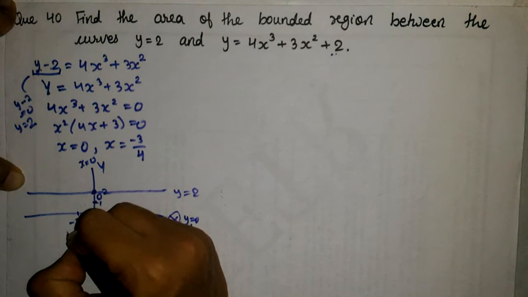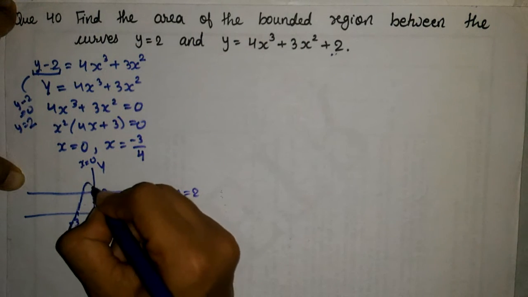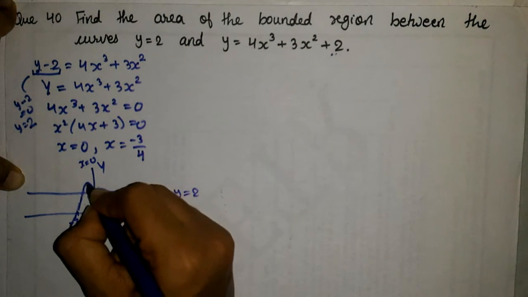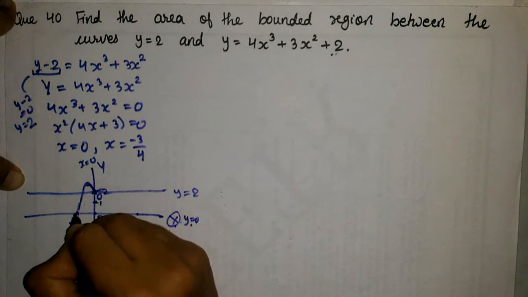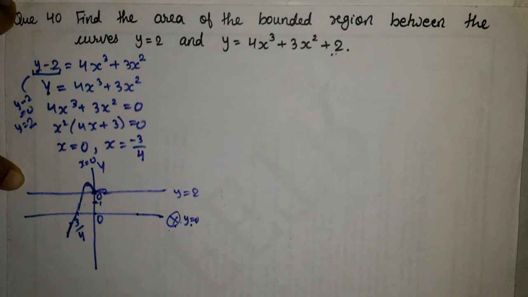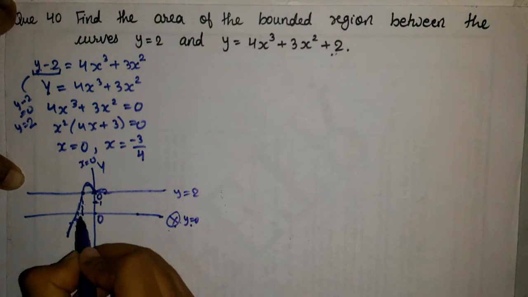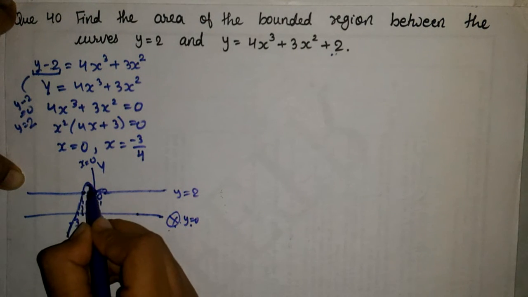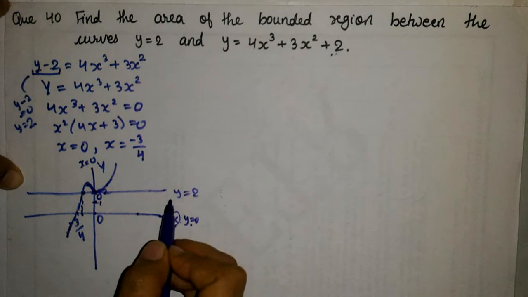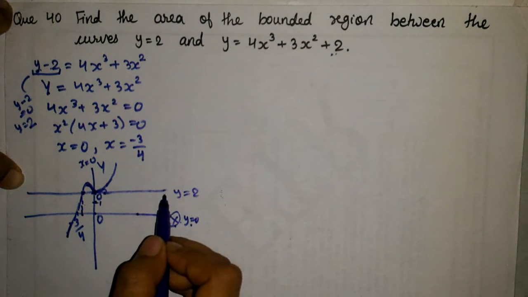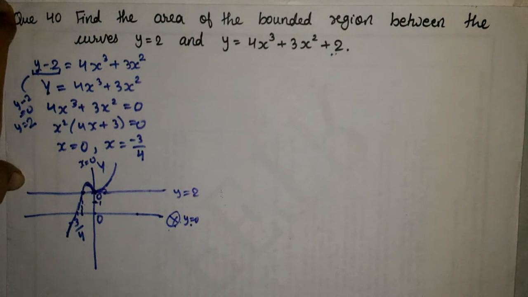So this curve will go up this way, and here it will intersect again at 2 points, at x equal to minus 3 by 4 and x equal to 0. At these 2 points it will intersect and then it will go up. You can see that by putting in the value. So this way we have to draw the graph. So this is the graph.